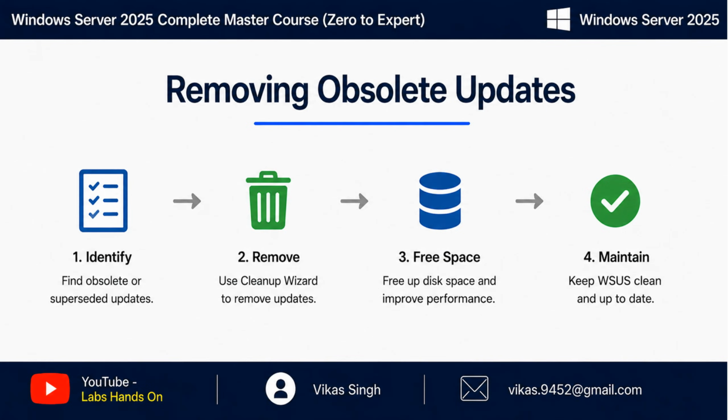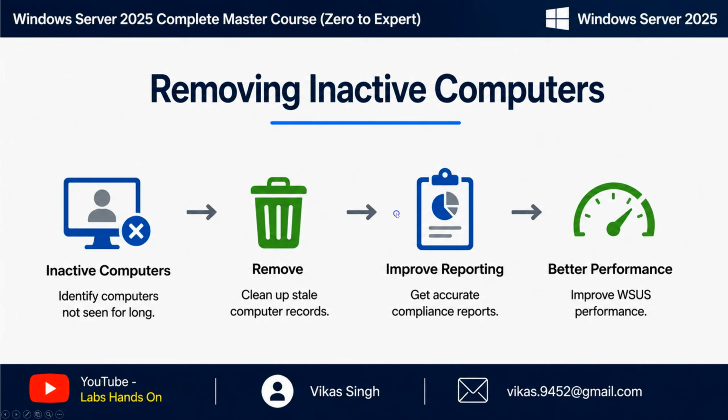So you don't need to go and check which updates are relevant and which are not, and then clean up. It is highly recommended to run the WSUS Cleanup Wizard. It will clean your unused or obsolete updates. This helps with reclaiming disk space, reducing the database size, and improving overall WSUS performance. By regularly removing obsolete updates, you can keep your WSUS server environment clean, efficient, and easy to manage.